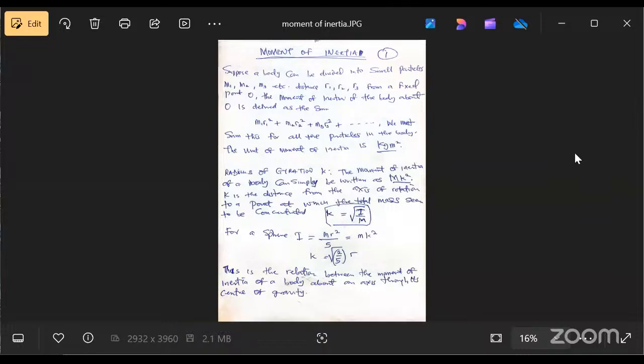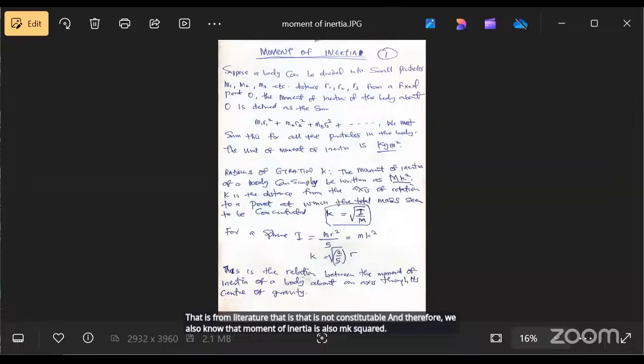So for a sphere, moment of inertia, which is I, is 2MR squared all over 5. That is from literature. That is not contestable, and therefore we also know that moment of inertia is also M K squared.